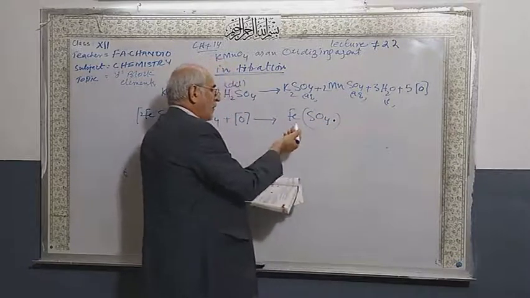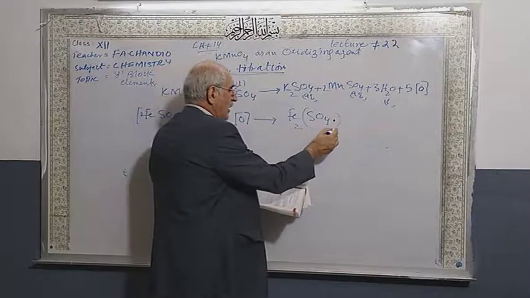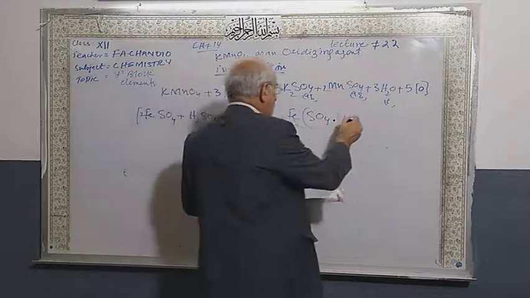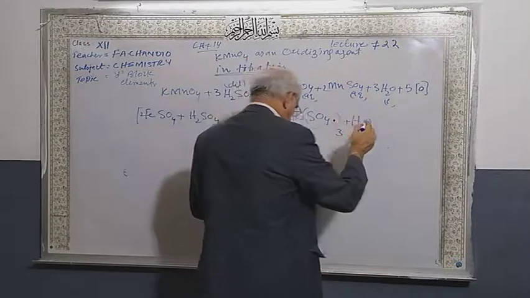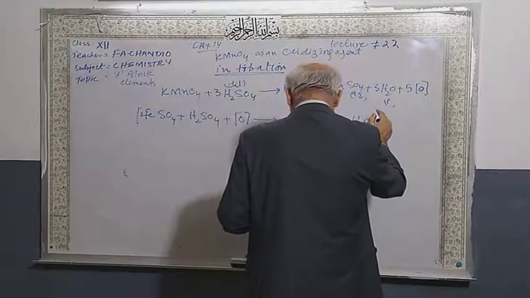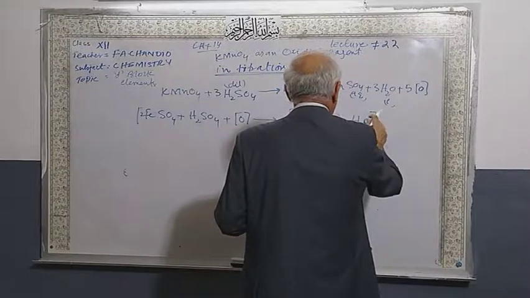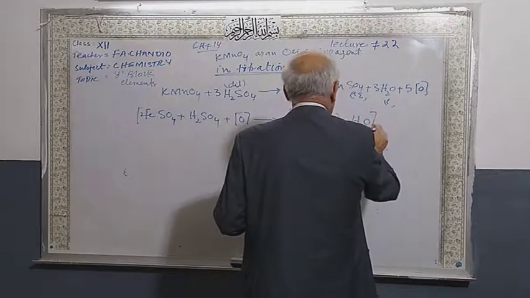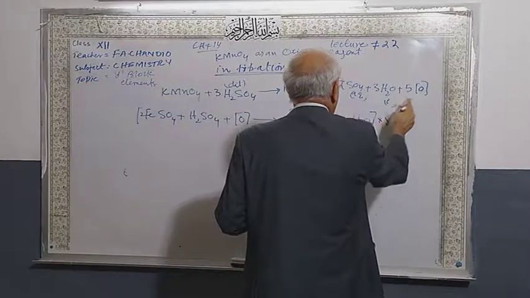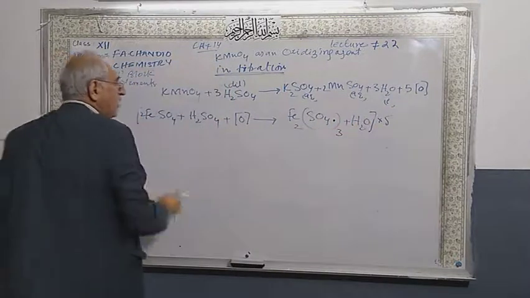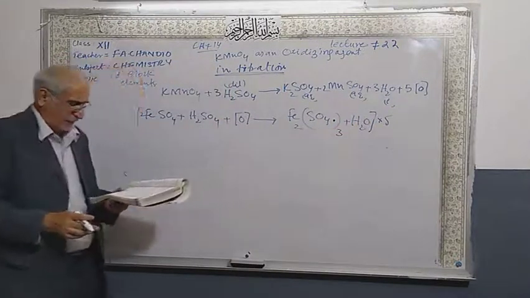So the valency of iron here is 3. This is ferric sulfate plus water. And because you can see there are five oxygen atoms, the whole equation is multiplied by 5.